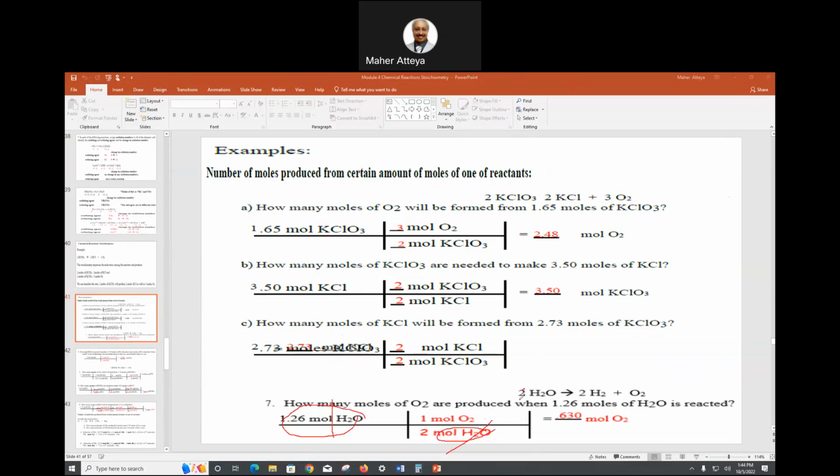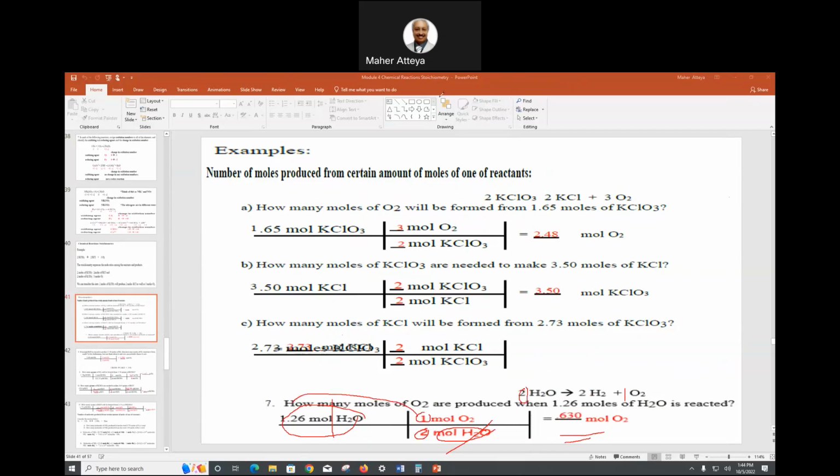I have 2 moles of H2O here, with 1 mole of oxygen, understood, not written, it is 1, correct? You multiply this, divide by 2, and that gives you the answer, 0.630.